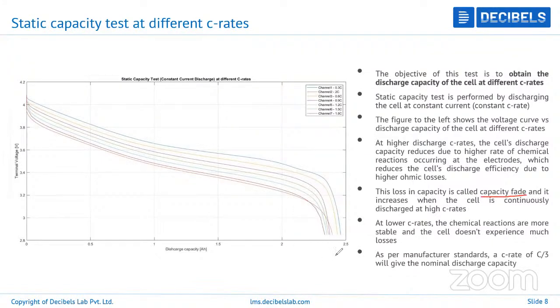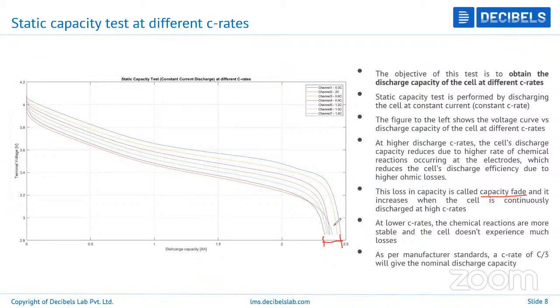This insufficient time for the reaction to complete causes capacity fade, and some amount of capacity will be lost when you discharge the cell at high C rates. This can affect the cell and reduce its life cycle. You can see this difference over here.